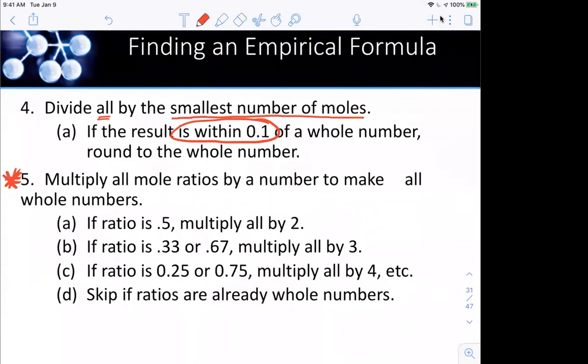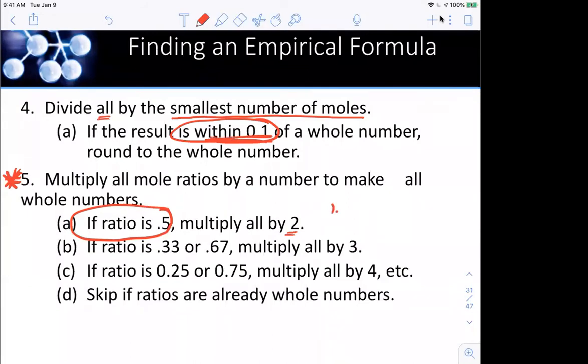If I'm not within 0.1 of a whole number, I might have to multiply by some factor in order to get whole numbers. So for example, if my ratio ends in 0.5, to make that a whole number, I multiply by 2.